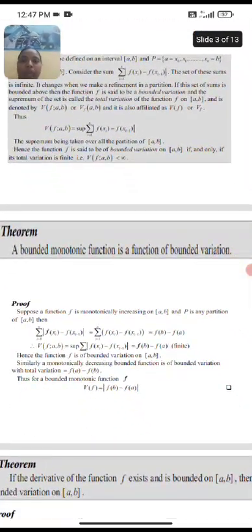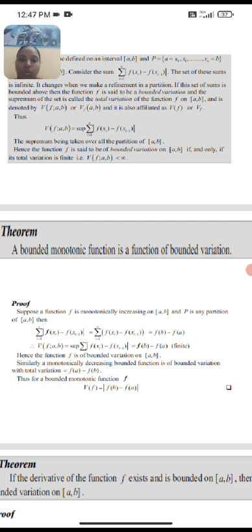Theorem: a bounded monotonic function is a function of bounded variation. Given f is a bounded monotonic function. Suppose a function f is monotonic increasing on [a, b], then a partition P exists, P equal to {x0, x1, up to xn}.